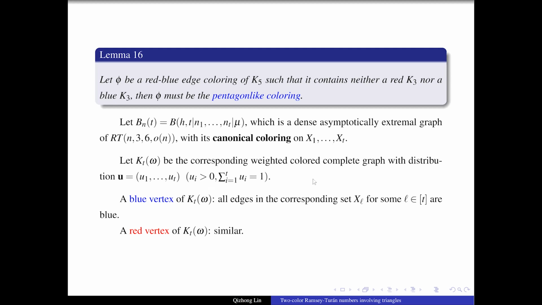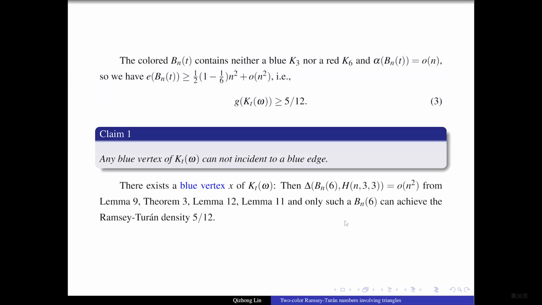We say that a vertex of K_t^ω is blue if all edges in the corresponding set X_L for some L are blue, and a red vertex is defined similarly. Clearly, any blue vertex of the weighted complete graph K_t^ω cannot be incident to a blue edge.